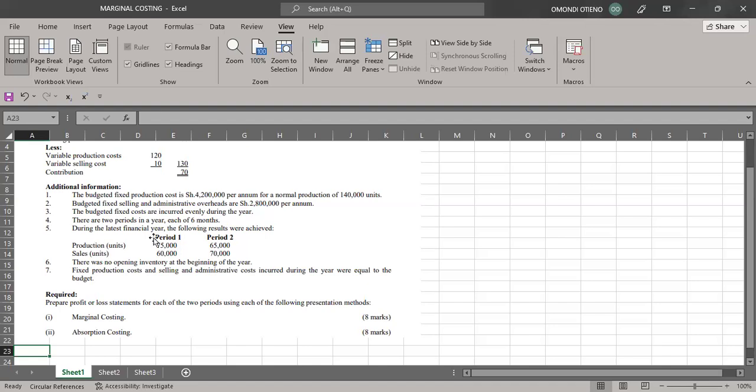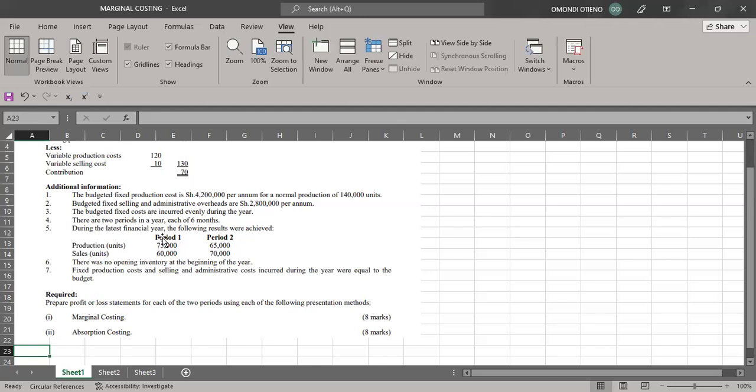During the last financial year, the following results were achieved. So we have period 1 and period 2, which means the production is not per month, but for every 6 months, right? So for period 1, we are talking about 6 months. Period 2, we are talking about 6 months. We have production in units, we have sales in units. So you can see what was produced is not equal to what was sold.